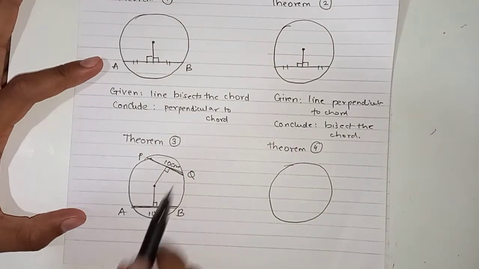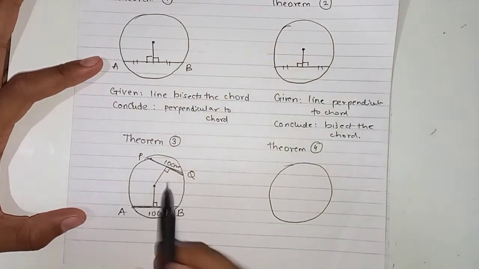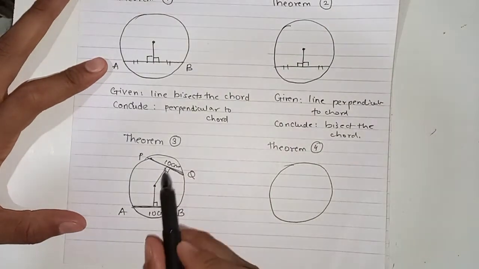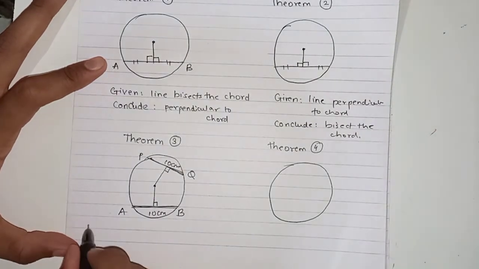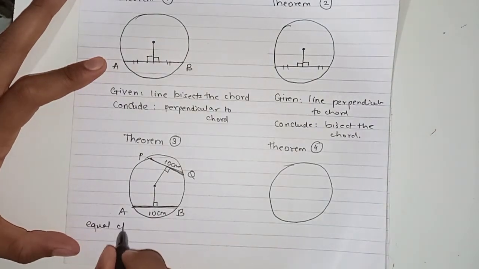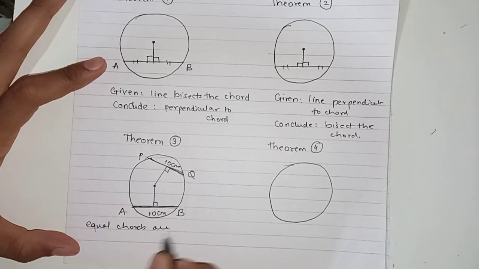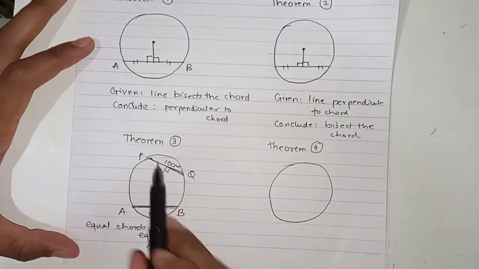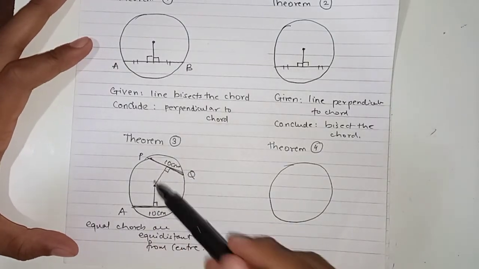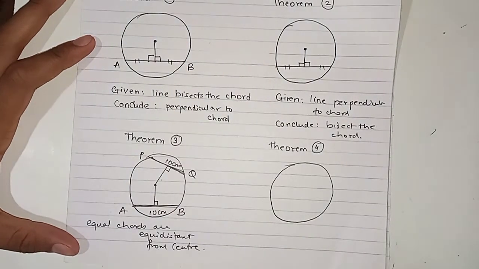Okay, मतलब अगर ये chords equal है 10 सेंटीमीटर की या 20 सेंटीमीटर की है, तो ये distance भी सेम होगा. Okay, so the statement goes: equal chords are equidistant from center. Okay, so these equal chords are equidistant from the center.